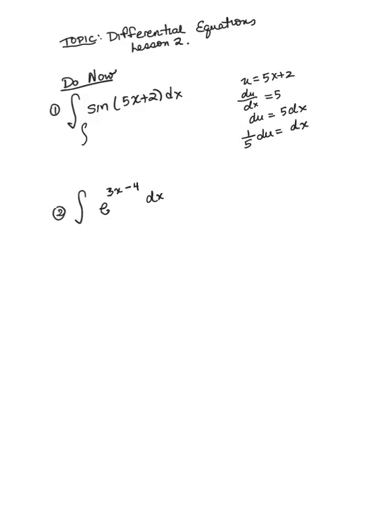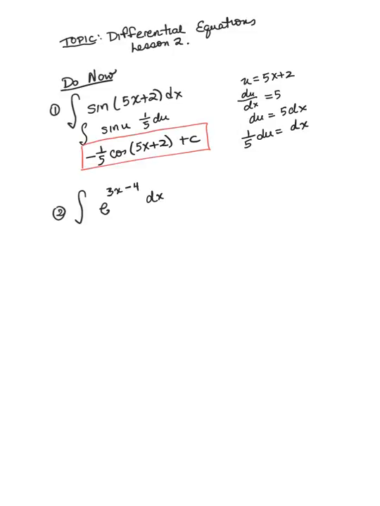So we get 1/5 du for the dx and sine u, and the antiderivative of sine is negative cosine u, which I'll put down the 5x plus 2 back, and the 1/5 goes in the front, plus c. And this is our answer to the first problem.